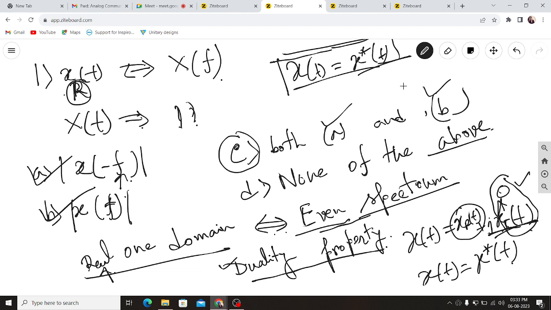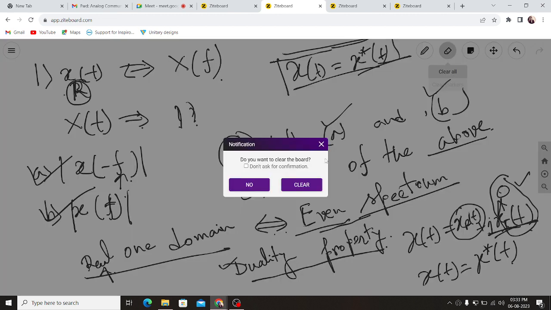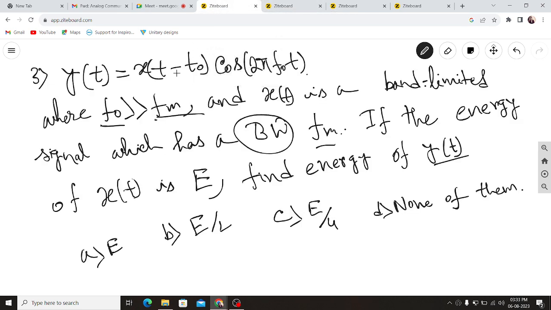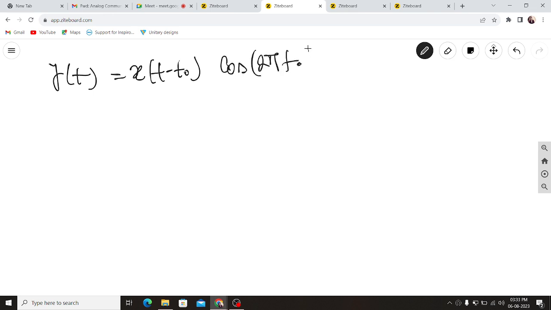Okay, let us discuss. Let's write this function once again. y(t) was x(t minus t0) into cos of 2 pi f0 t.